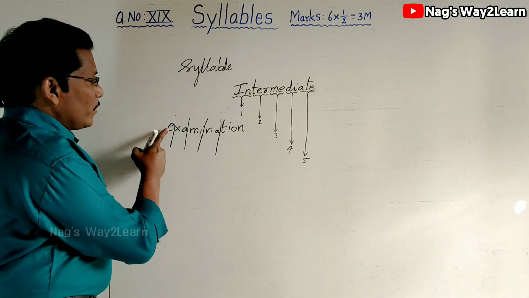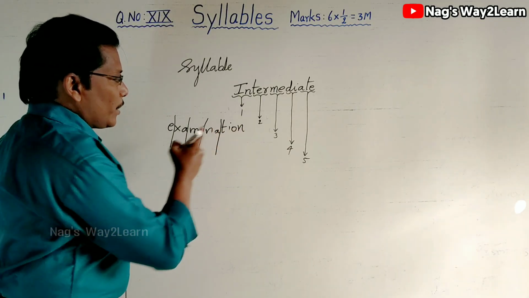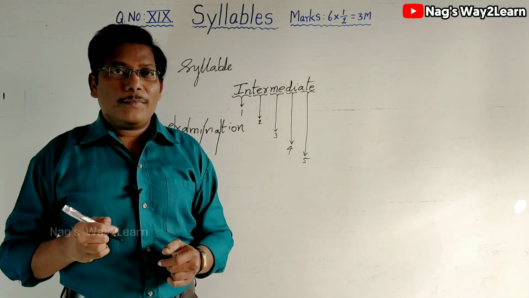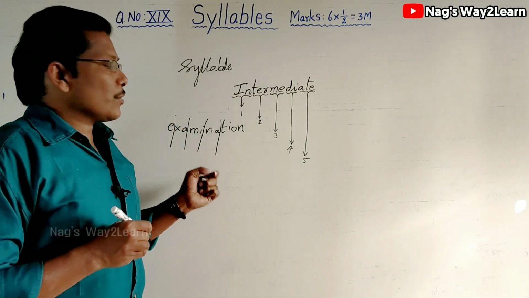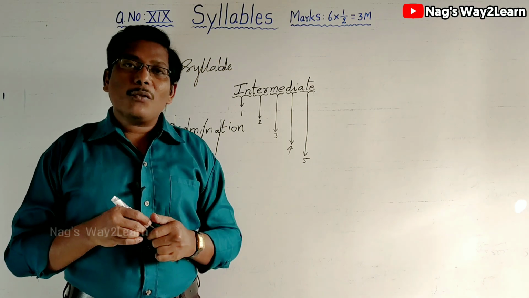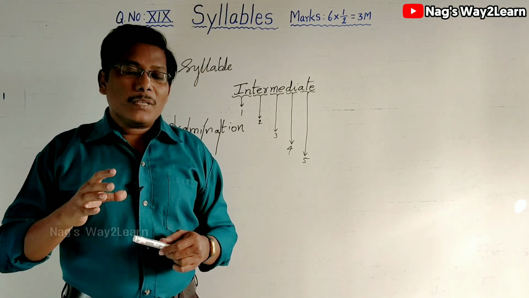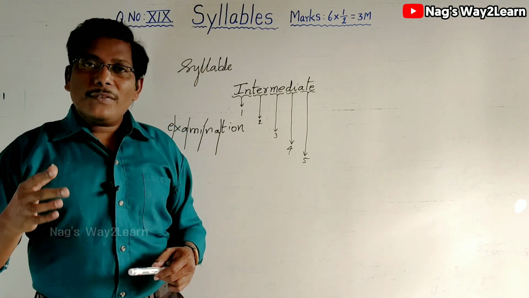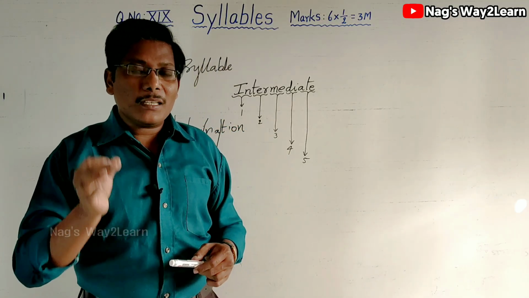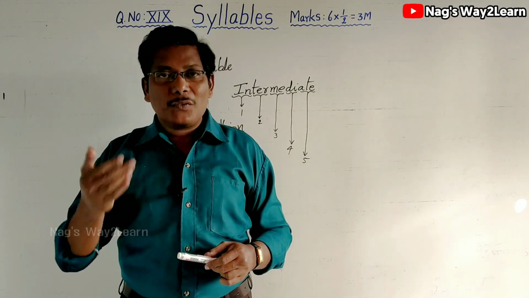That means 1, 2, 3, 4, 5. Totally there are 5 syllables in the word examination. So this is the identification of the number of syllables in a word. So in this way, in our public examination, 10 words are given. Out of 10 words, you need to answer any 6 words. You need to write the number of syllables for any 6 words.